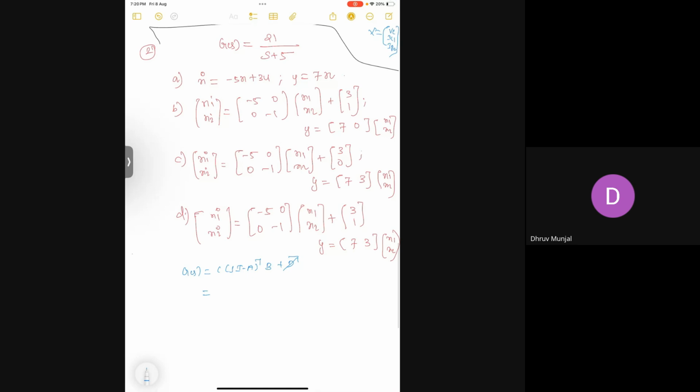C is 7, right? (sI minus A) inverse into B, which is 3. A is minus 5. This gives s minus A, which is s plus 5, inverse into 3.